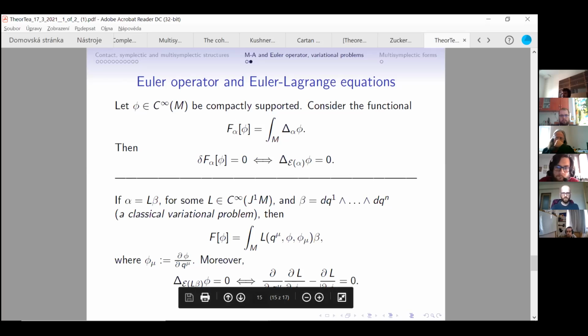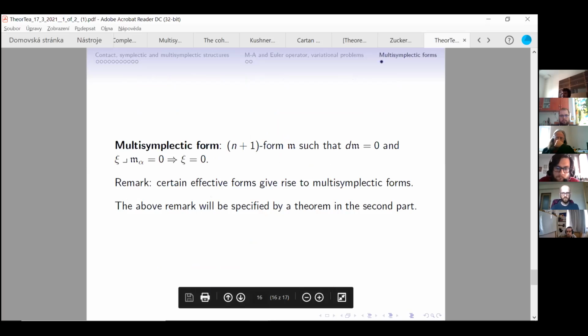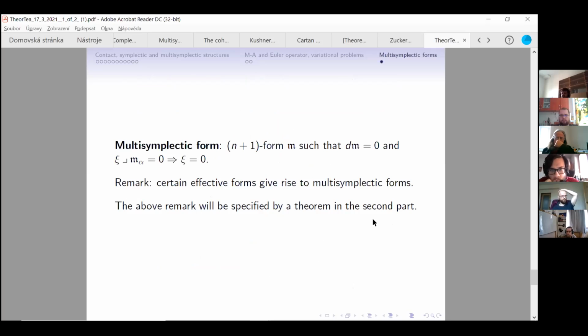And the connection: the effective forms are not only useful to represent uniquely the given PDE, but we can cook up from effective forms multisymplectic forms and get with our PDE to the multisymplectic setup and multisymplectic geometry. And just to recall or define the multisymplectic form, as I said in the very beginning, it is a direct generalization of a symplectic form.